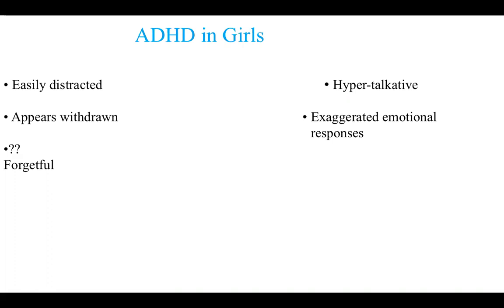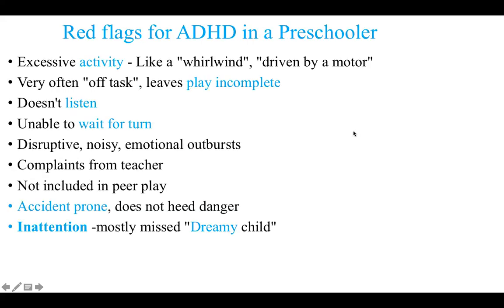She's showing oppositional traits, and that is why the referral was made. They've been working with this child in terms of therapy for almost 6 months. When she walked in the room, she's a brilliant girl, but she displayed almost all these symptoms: the hyperactivity, the hyper talkativeness, and exaggerated emotional responses.